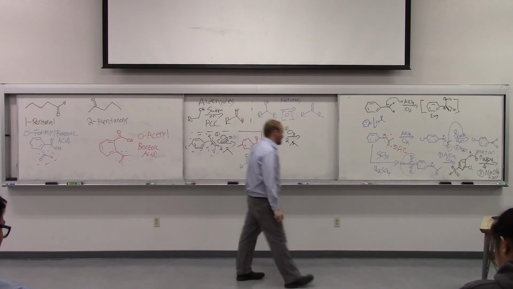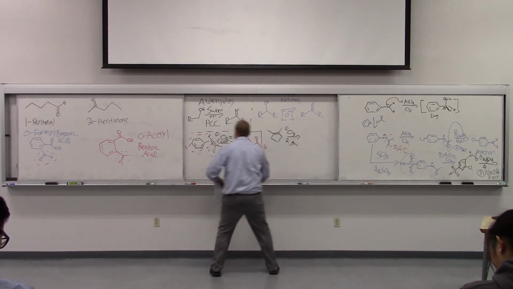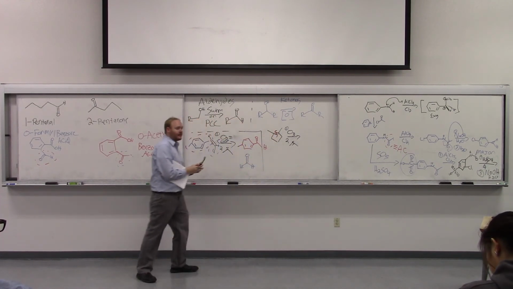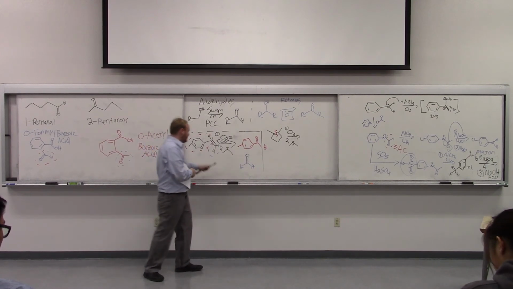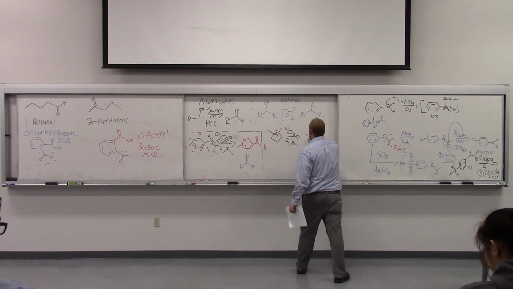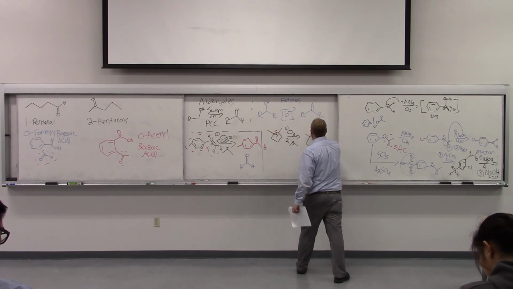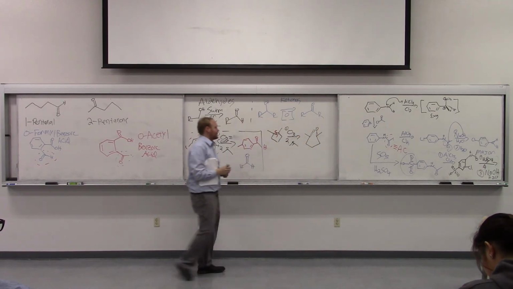Don't worry about the mechanism, I guess. And what this will give you now is, once again, it's going to cleave this bond and replace that one double bond with two carbonyls. And give you two ketones.